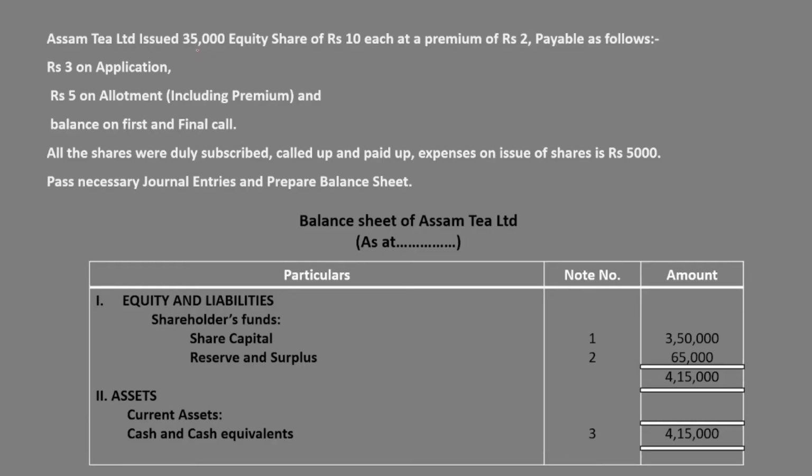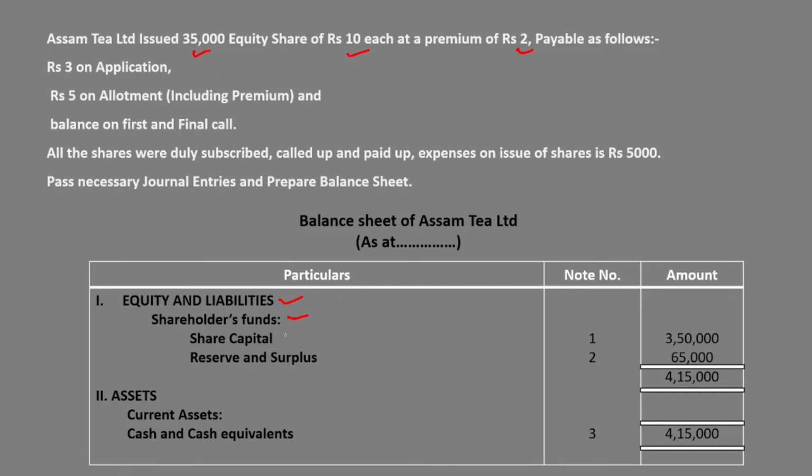As we know that the company has issued 35,000 equity shares at the rate of rupees 10 at a premium of rupees 2. Now under equity and liabilities, we have shareholders' fund. What is the total amount of fund the company will receive?